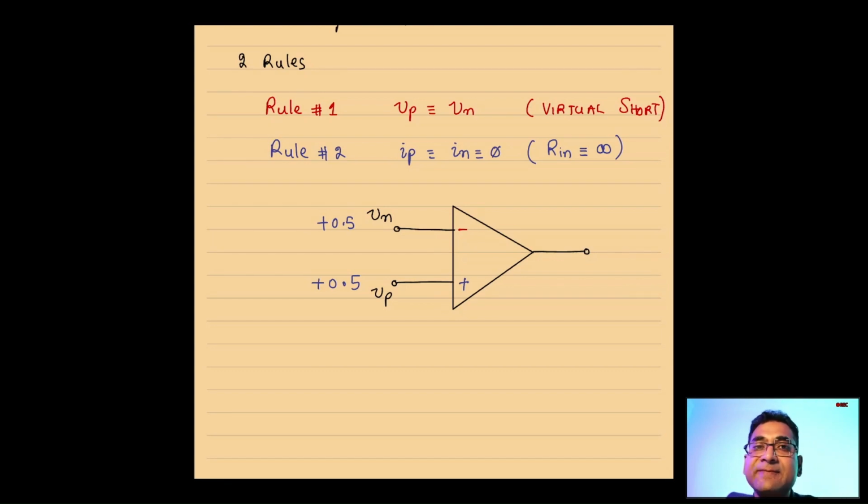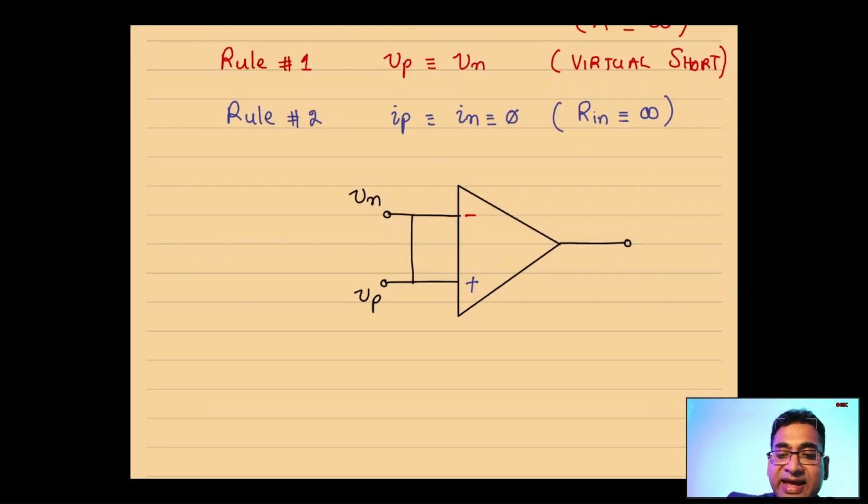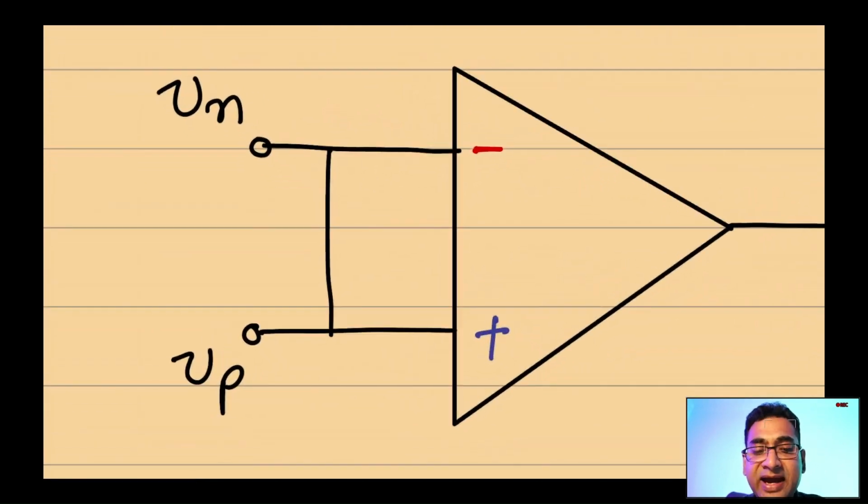This comes from the fact that the open loop gain is a really large number. Ideally, open loop gain is infinity. When your open loop gain is really large and you make the op-amp operate in linear region, these two terminals are going to behave as if they're shorted together.